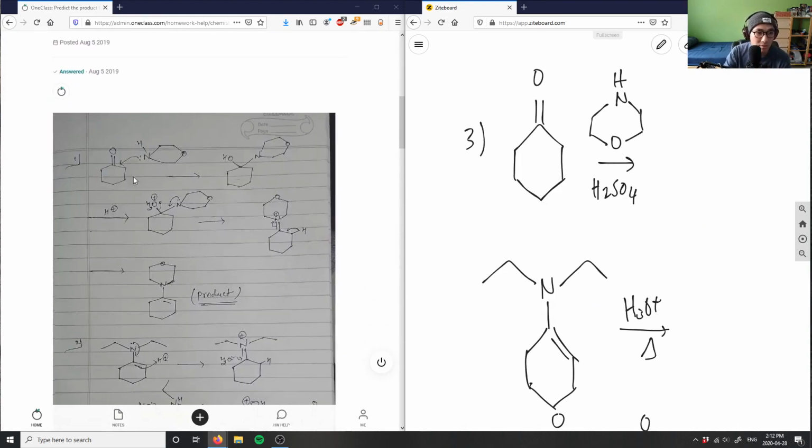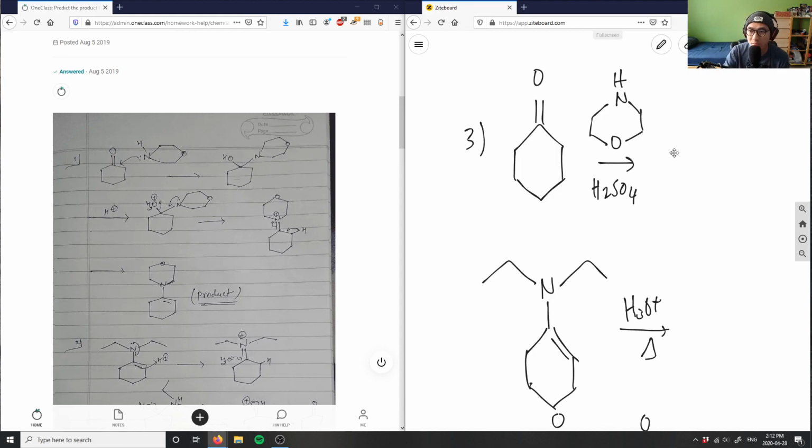So they wrote here that for the first one, they have the electrons from nitrogen going towards this oxygen. And this would break the double bond to form this here. Okay, and then they're doing an acid workup to produce this compound here.